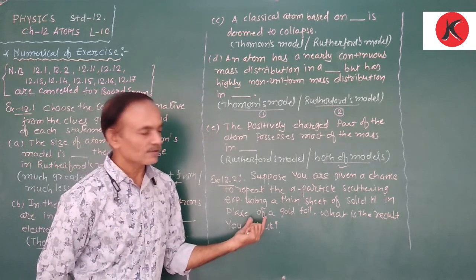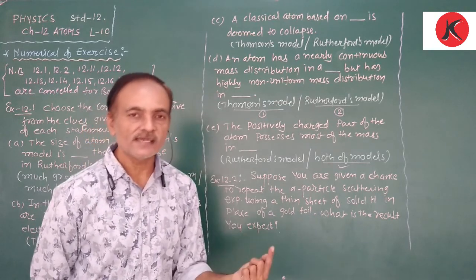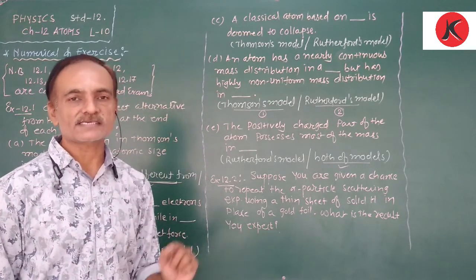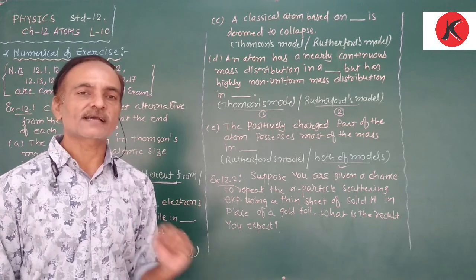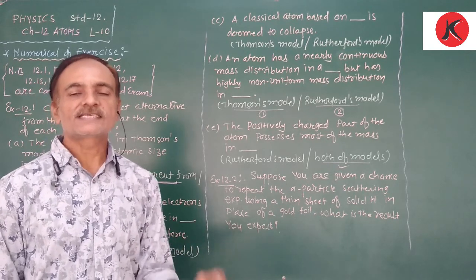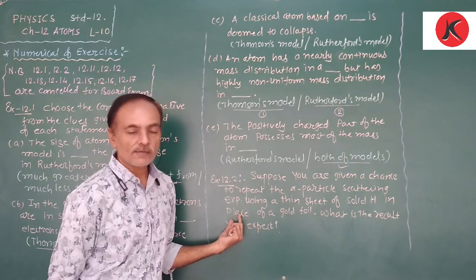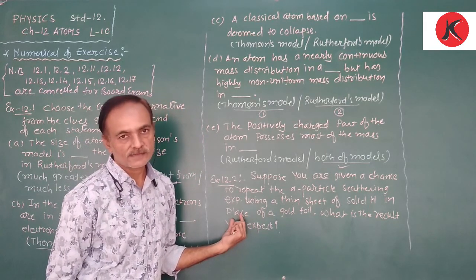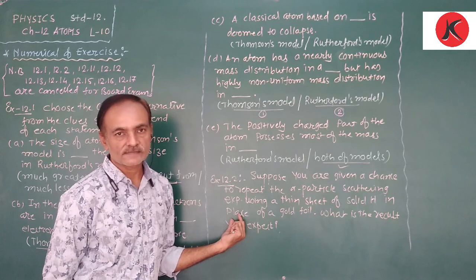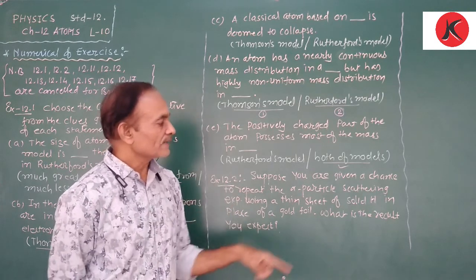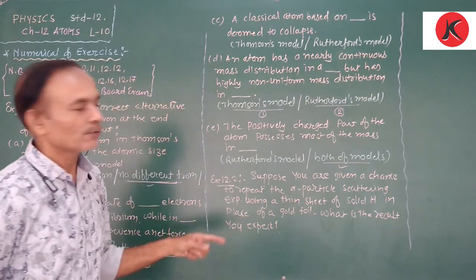This experiment of alpha scattering was already done by Geiger and Marsden by considering the gold foil. But here, instead of the gold foil, we have been given a foil of hydrogen. So what are the results? First we calculate the mass of the hydrogen atom and also the alpha particle.